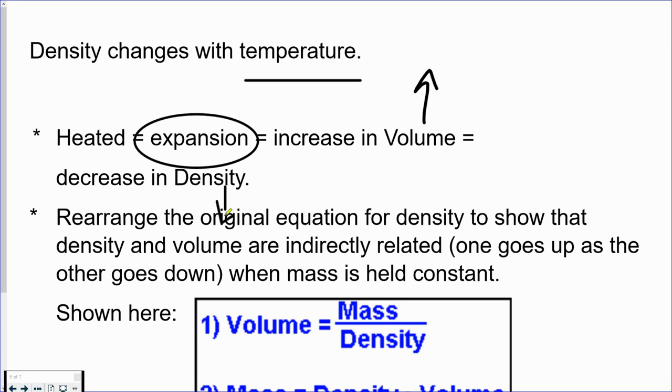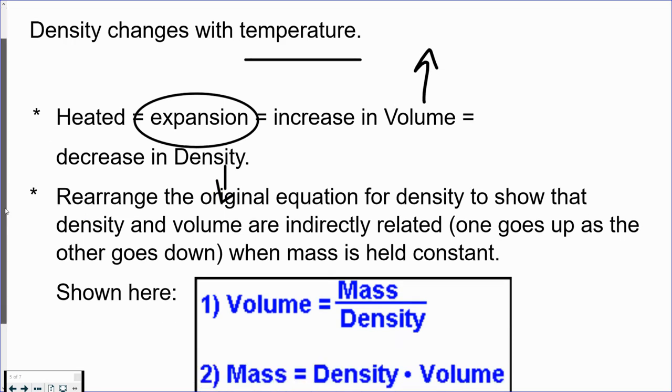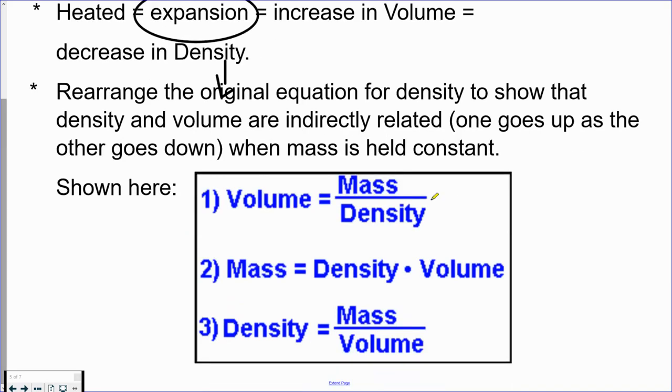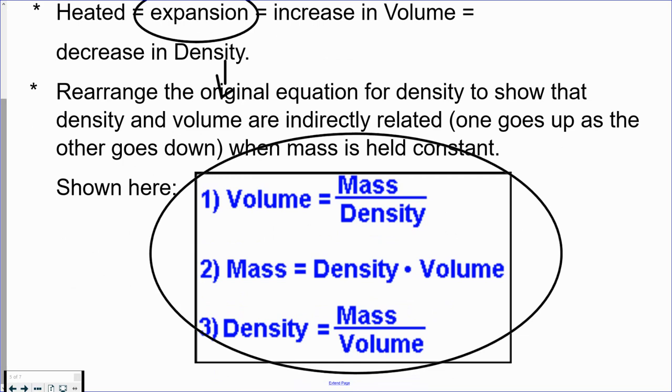If you think about it, if it's mass divided by volume, if the denominator gets bigger, our answer gets smaller. So here are the three density equations. You're always going to have this one on the back of your periodic table, and then you can just rearrange it to find for mass or to find for volume.